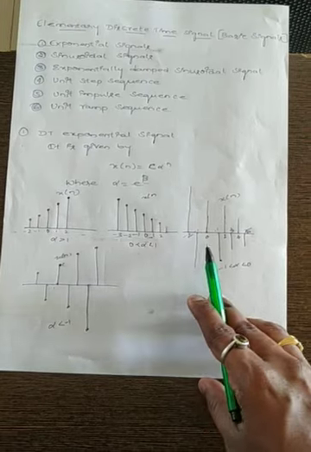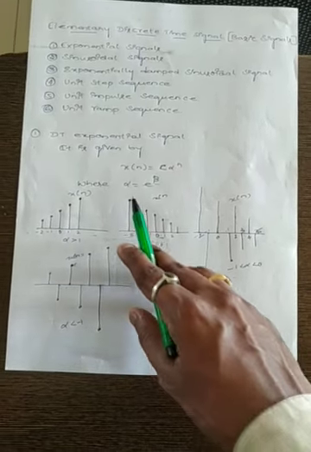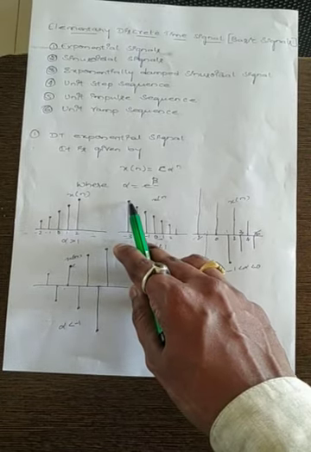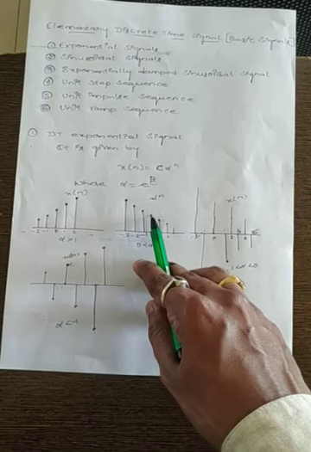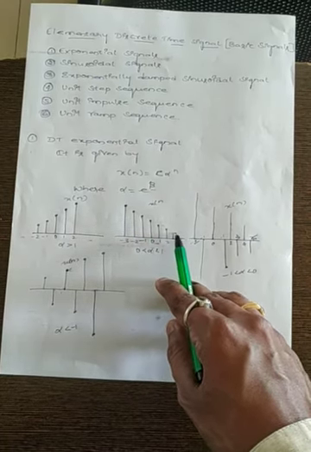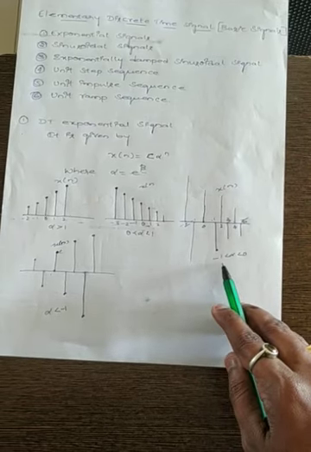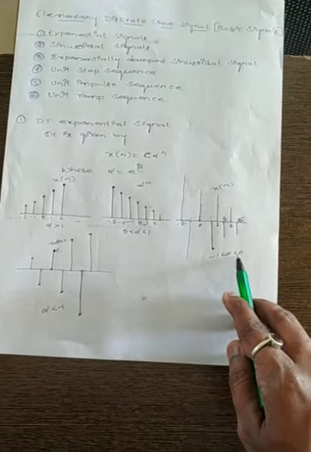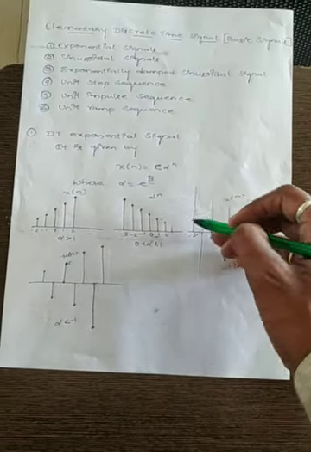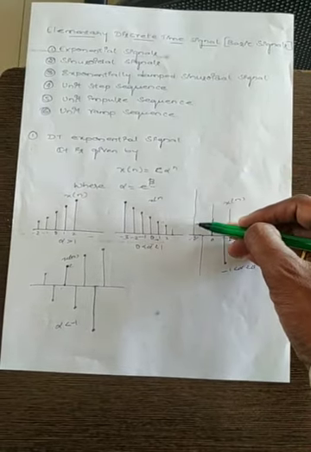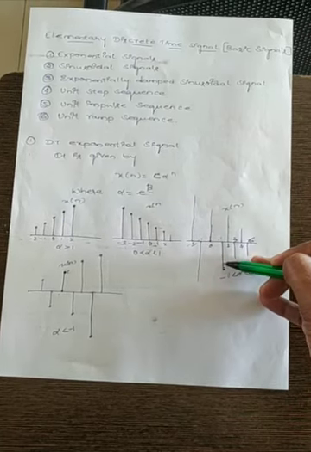If alpha is between 0 and 1, that is 0 less than alpha less than 1, then it decreases. It decreases like this. When the condition minus 1 less than alpha less than 0 exists, this is similar to a sinusoidal signal.